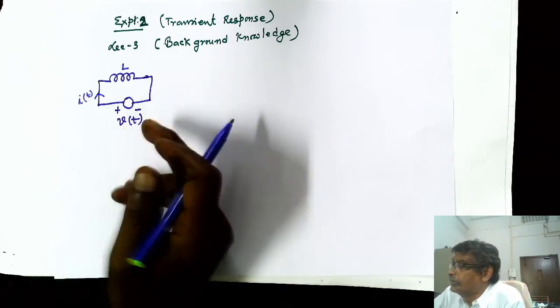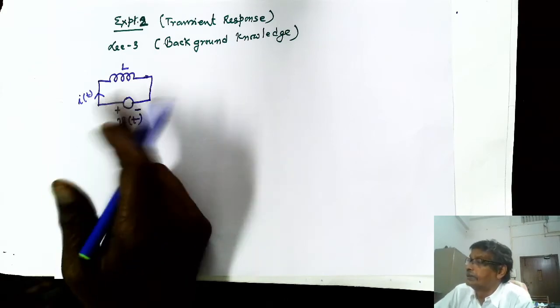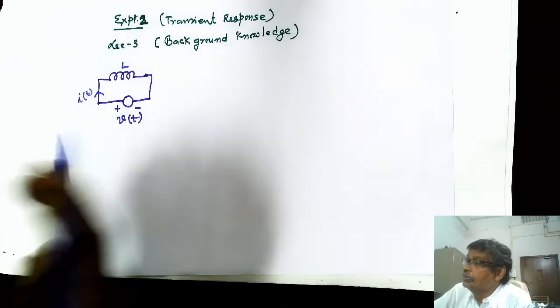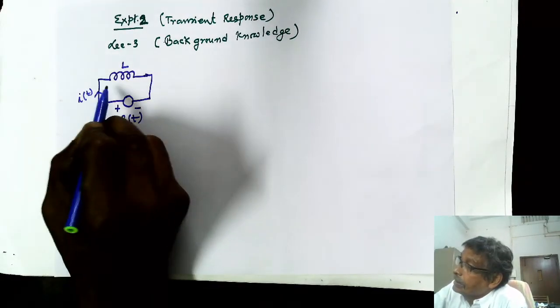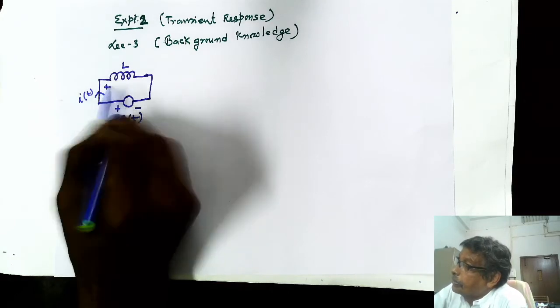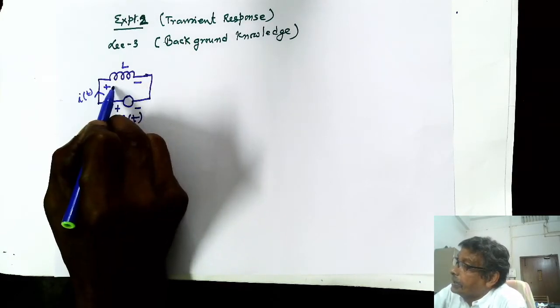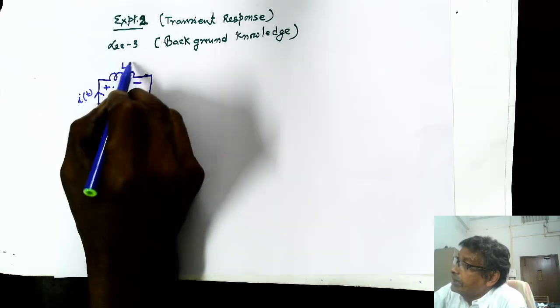If the magnitude of the voltage is V(t), current drawn is i(t), and if you have assumed the direction of the current in this fashion and di/dt is positive, then I know the voltage between these 2 points will be L into di/dt.